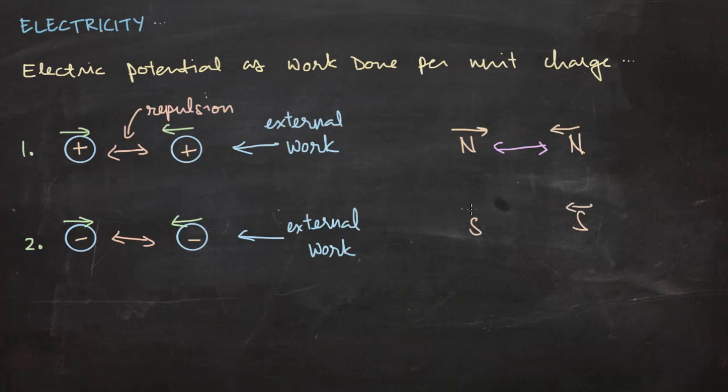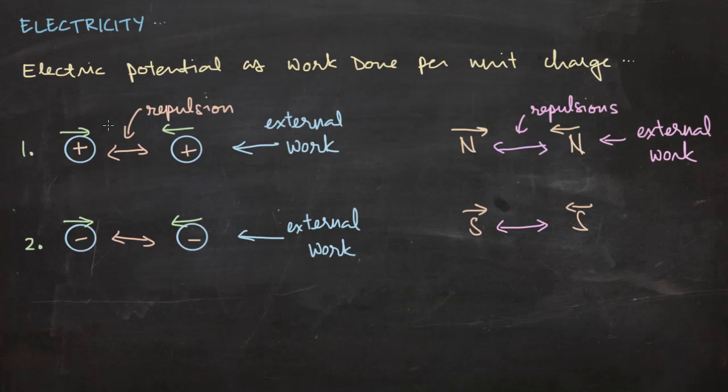When two south poles are brought towards each other, we see that there is some force of repulsion between these two magnets, and in order to get these two magnets to get together, we need external work to be done against this force of repulsion.